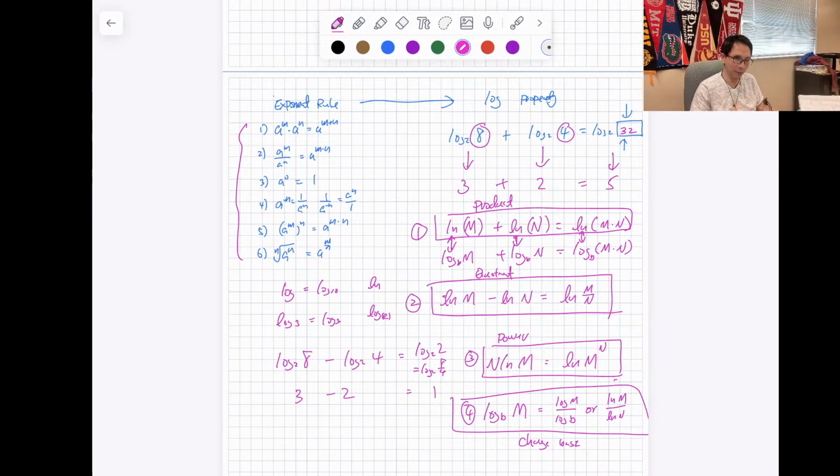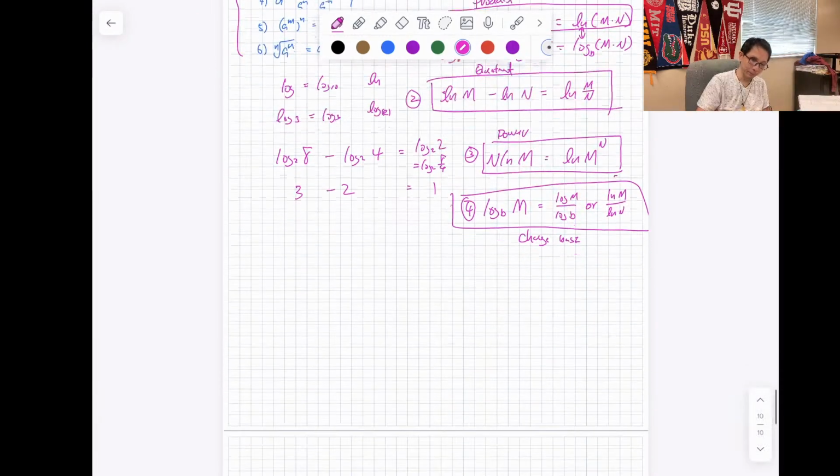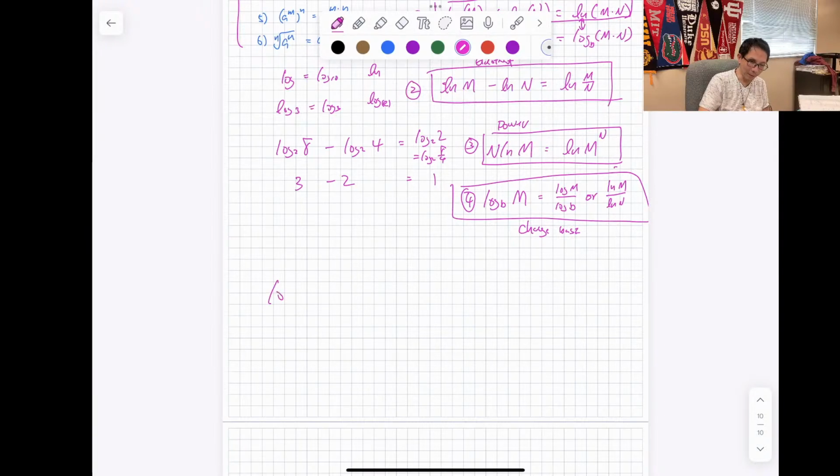Hopefully we get to solving, but I don't know. So let's just say I have, I will use natural log from now on because it saves some writing, the natural log of the square root of x times y to the fourth over z to the third times, I don't know, a to the 2.